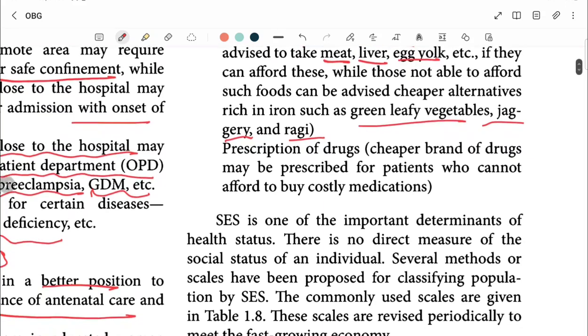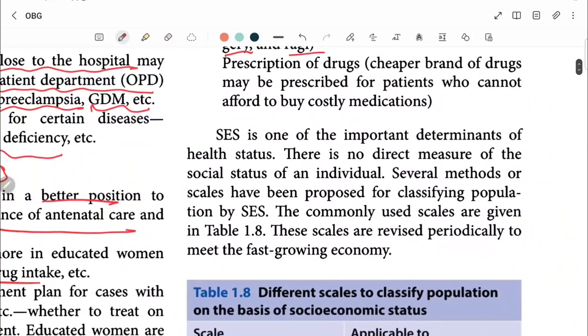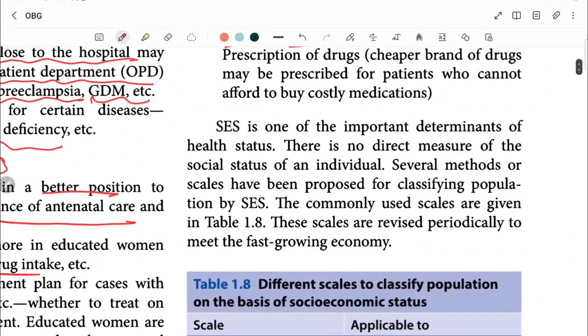Prescription of drugs: cheaper brands of drugs may be prescribed for patients who cannot afford costly medications. So socioeconomic status is one of the important determinants of health status.